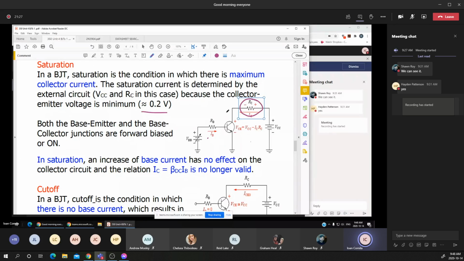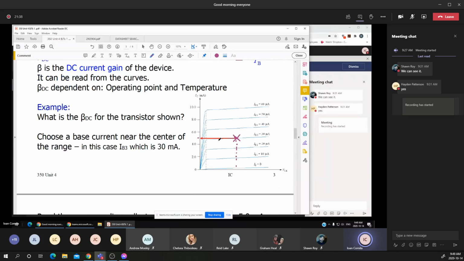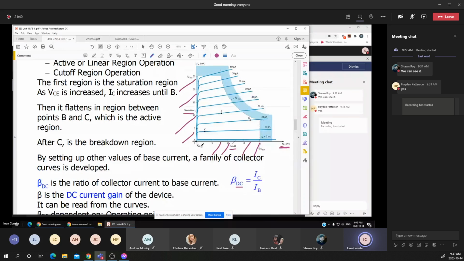But at this point, you notice that this voltage, the VCE, the collector emitter voltage at saturation, is very small. Going back to this diagram, you notice that the collector emitter voltage, VCE, at saturation is very small.